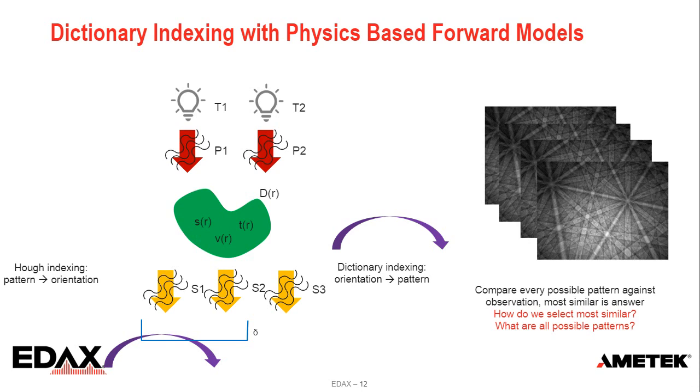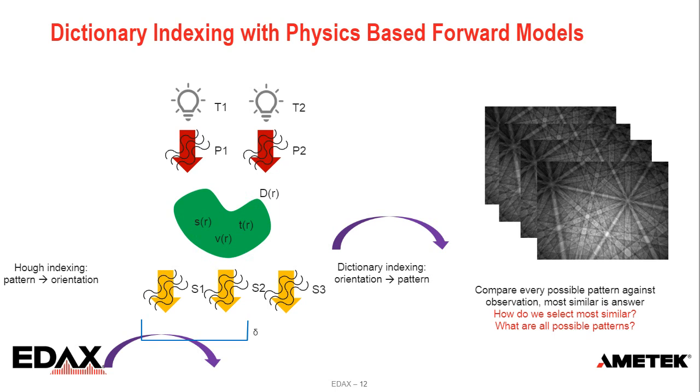Or if I simulate them with one pattern center and then shift the pattern center ever so slightly and index them against that pattern center, how much does that degrade the accuracy, to give you an idea of how good of a pattern center fit is needed to be able to discern those. So there's all kinds of really interesting stuff you can do by simulating patterns. Theoretically, yes, you should be able to tell them apart.